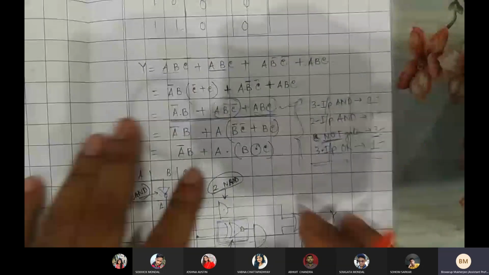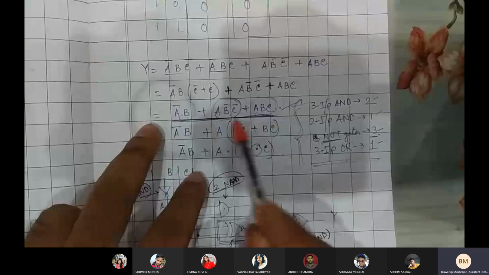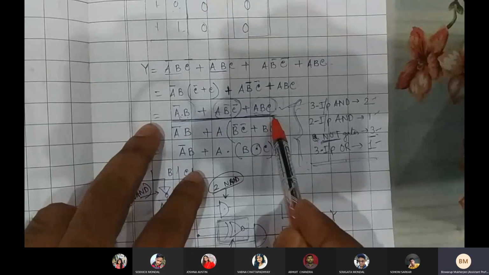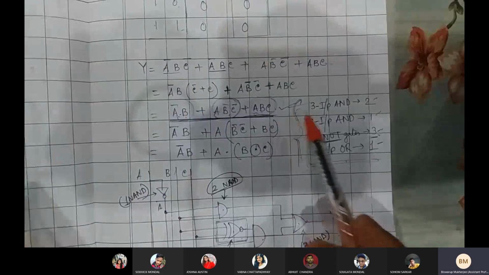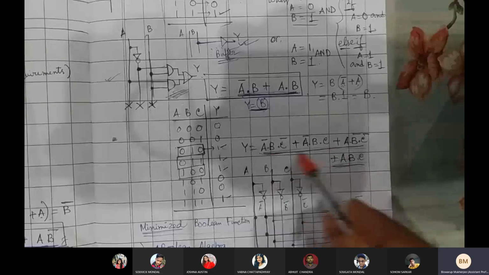Now what is that? So far, if you look at the Boolean functions, I have stopped here. I'll be stopping here. This is the minimized function, right? If you look at this, or even if you look at this one, which is not at all minimized, still all are having a few product terms.